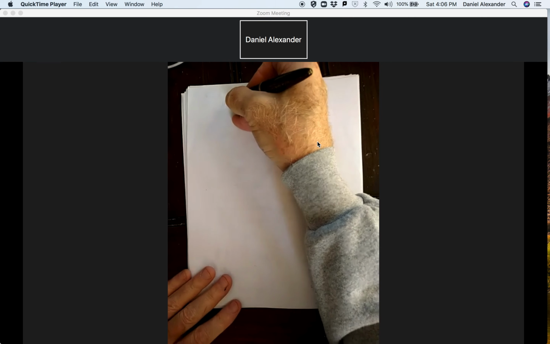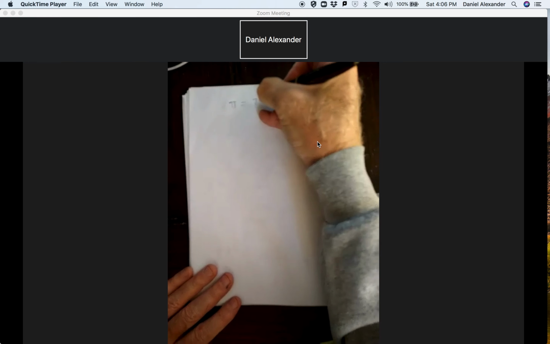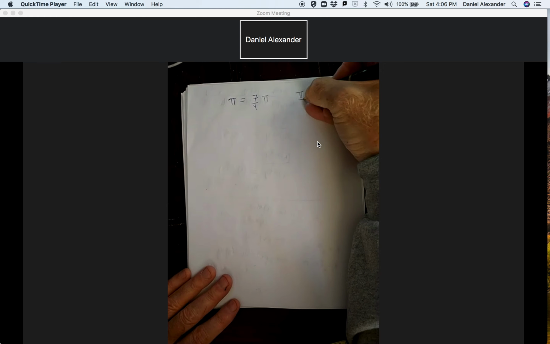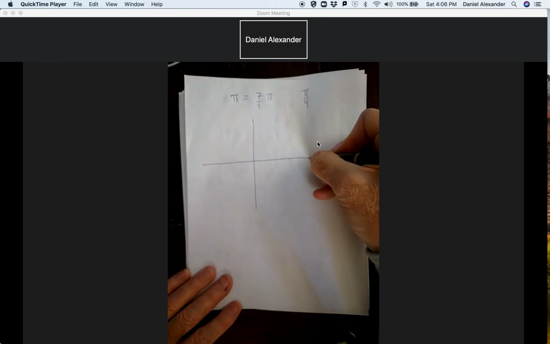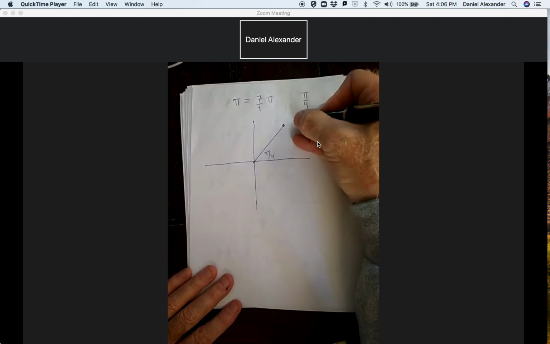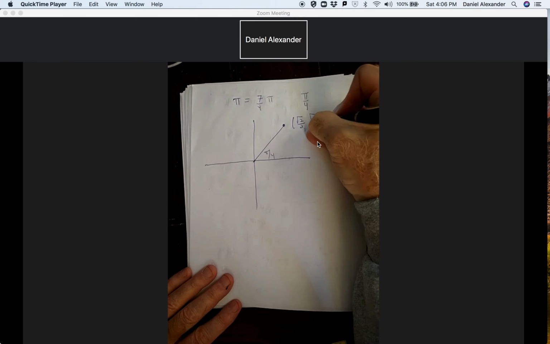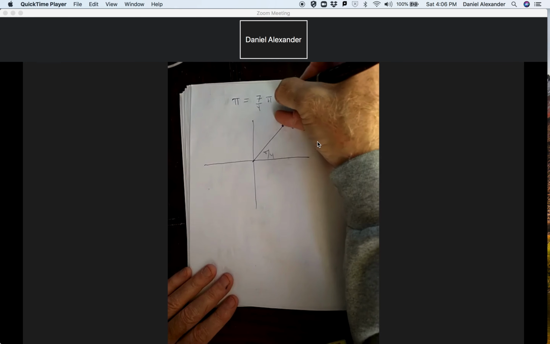So again, now we want to do theta equal to 7/4 pi, and we're going to use pi over 4 as our reference. So here's pi over 4. Seven pi over 4 is going to be 7 of these.